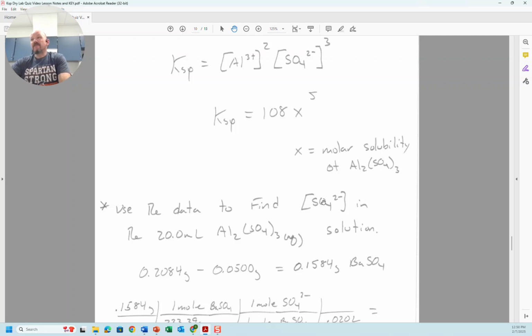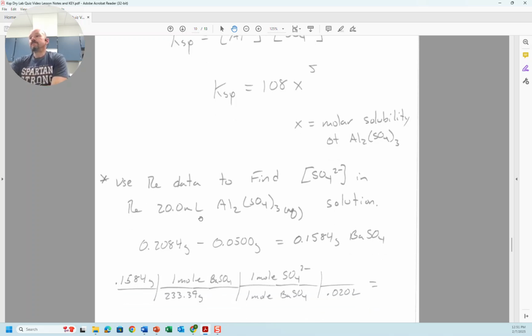And then once I figure out the sulfate concentration, times 2 divided by 3 would give me the aluminum concentration, or the sulfate concentration divided by 3 would give me the molar solubility, right? But just like the previous problem, you're probably going to have to calculate the sulfate concentration, calculate the aluminum concentration, maybe also calculate the molar solubility, and then calculate the KSP. But you just need to unlock one of those 4 values to unlock them all, right? That's it. That's the goal, all right?